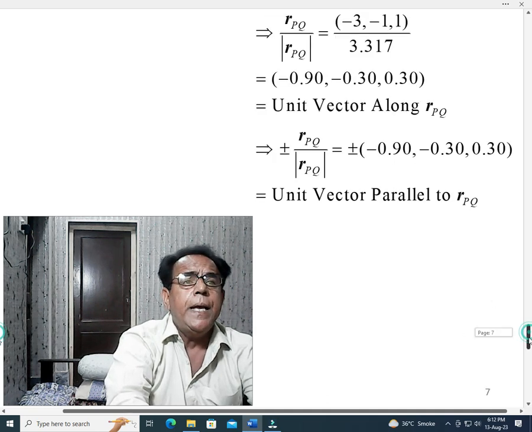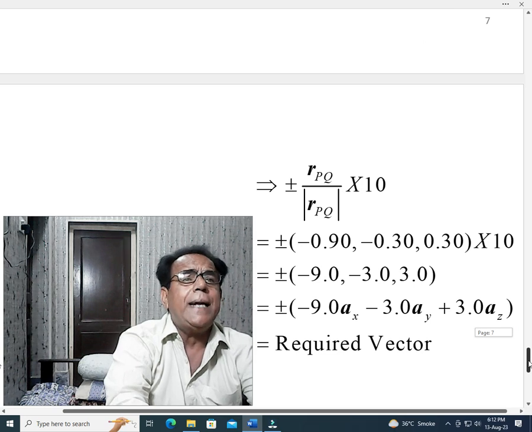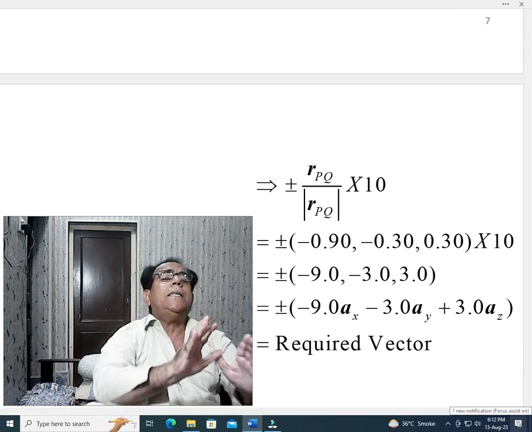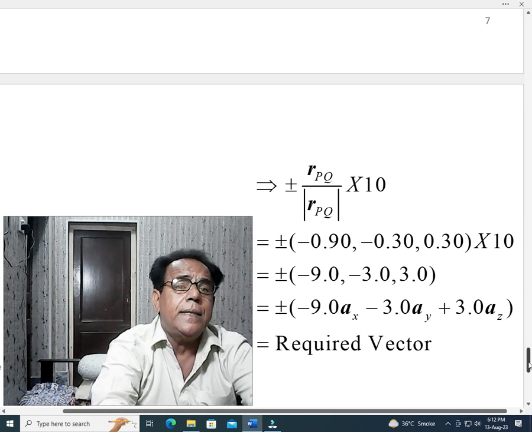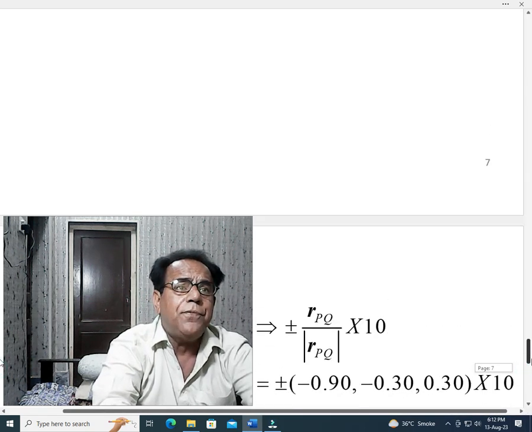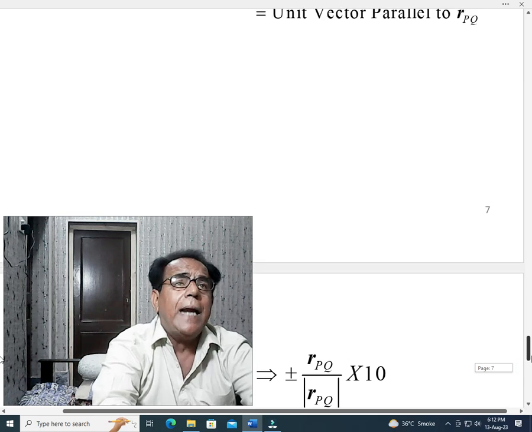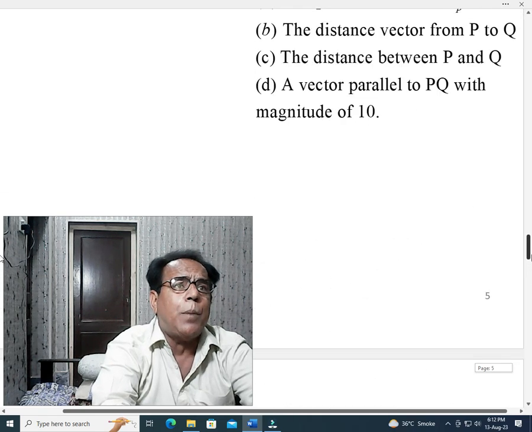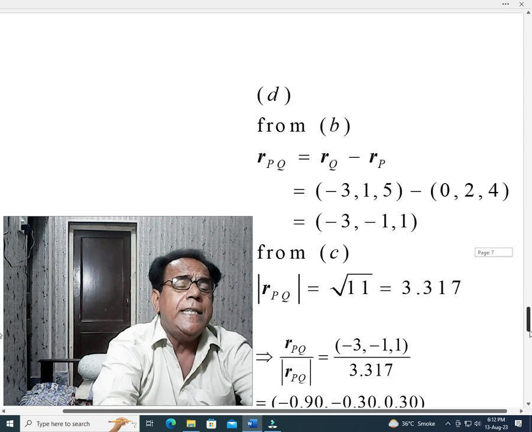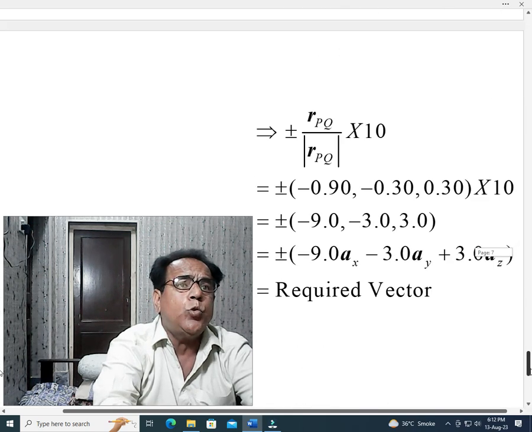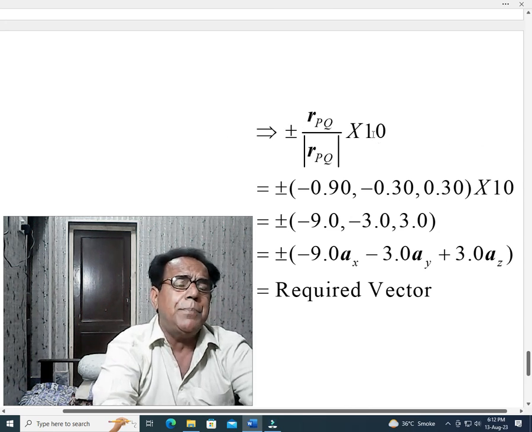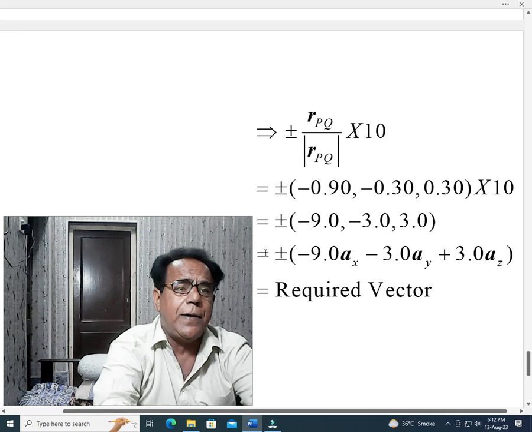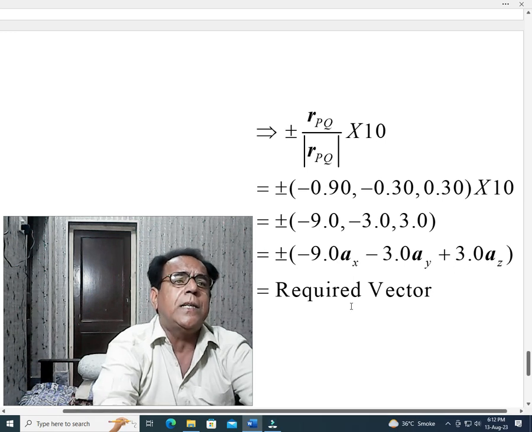Moreover, we know that this vector is of magnitude 10. So far we have found only a unit vector, and it is given in problem D that the magnitude is 10. When its magnitude is 10, the unit vector is to be multiplied by 10. When we simplify, it becomes equal to this, the required vector.